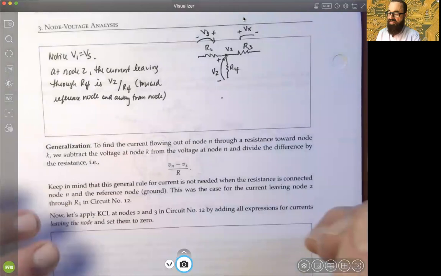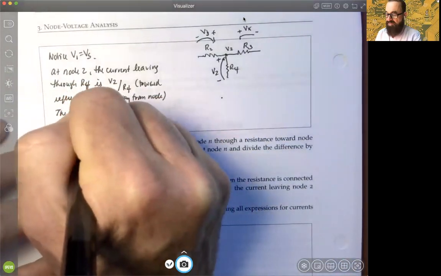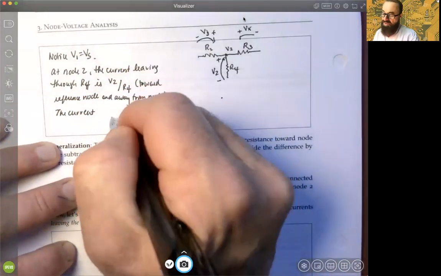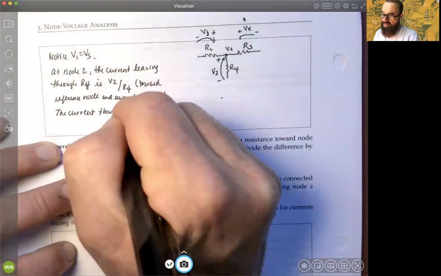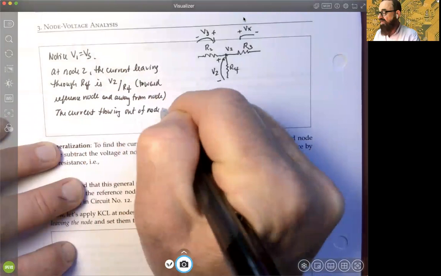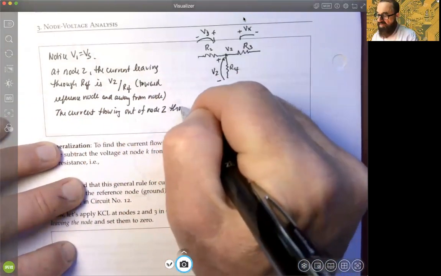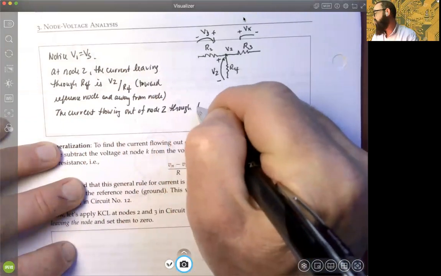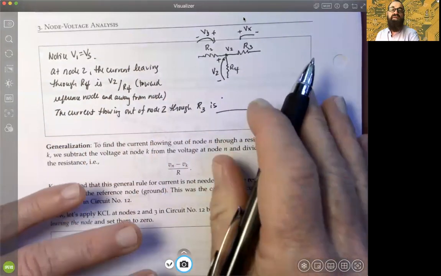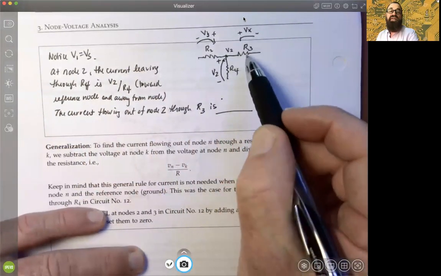And the current flowing, let's keep going with this idea, the current flowing out of node 2 through R3 going to the right is, well, again, if we already have this node voltage here, right?